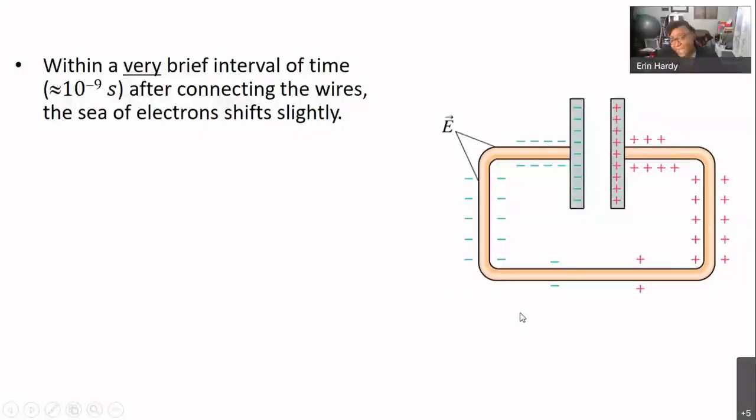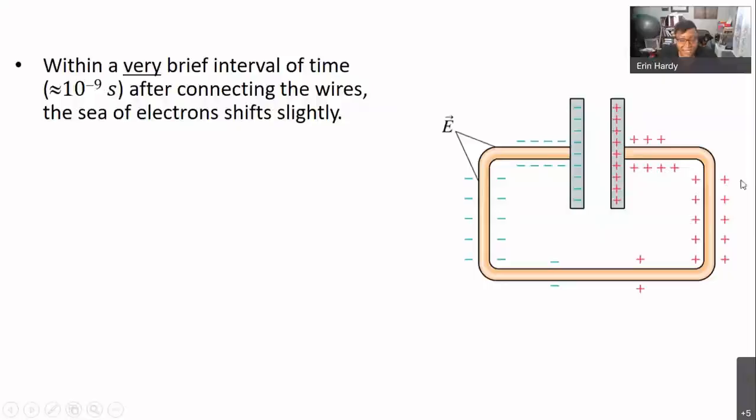If we imagine our negative charges moving counterclockwise and our positive charges spreading themselves out clockwise, eventually the opposite plate of the capacitor is going to become neutral. And when I say opposite plate of the capacitor, I'm imagining that we're starting by thinking about the negative plate and then figuring out what will happen to the positive plate.